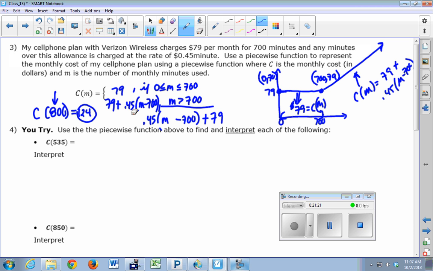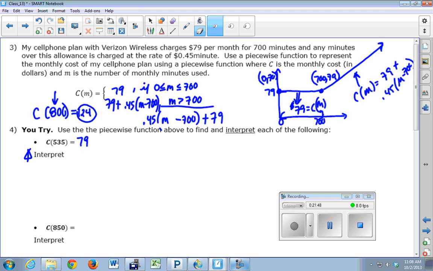So how do we do C of 535? 79 plus, right. Do I have to add anything to it? No, because 535 is in the domain from 0 to 700, which is where I don't get any additional charges, right? So that's just 79 bucks.